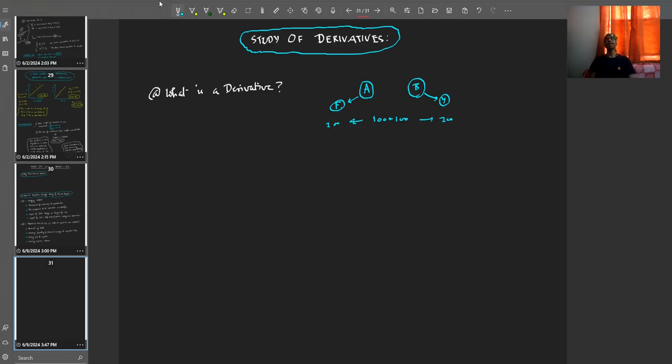Here the underlying is the performance of the teams, or whichever team wins. So, underlying here is winning, right? Either team A wins or team B wins. Whichever team wins, the person on that side basically gets the entire amount.